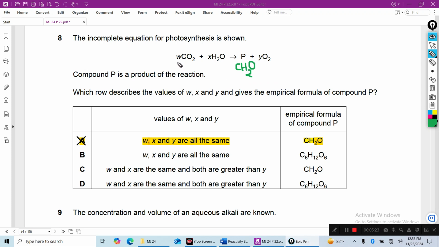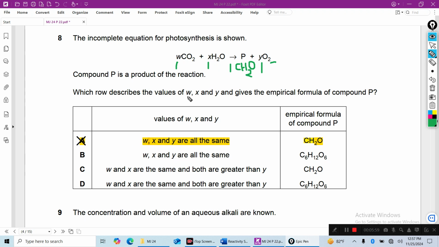If W, X and Y are 1 mole water, 1 mole glucose and 1 mole oxygen, you see the left hand side has 3 oxygen, the right hand side has 2 plus 1, 3 oxygen, and 1 carbon on the right hand side, and 2 hydrogen, 2 hydrogen.